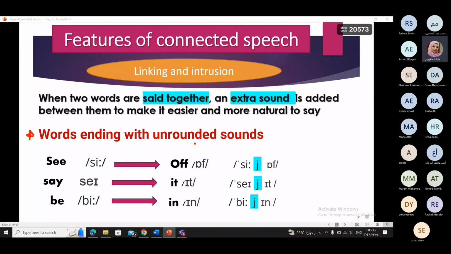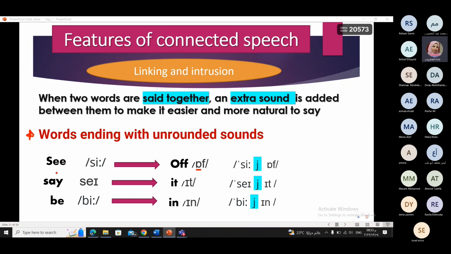Unrounded sounds means your lips are not in a round position, like see, say, and be. If such a word is followed by another word which starts with a vowel like of or off, it will be like this.